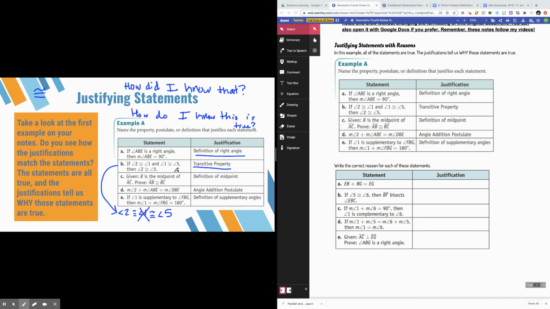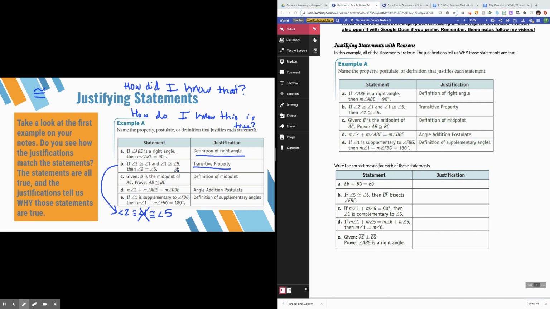Congruence captures everything about that angle, shape, or line segment. When you say equals, that means only one aspect of that shape or angle is the same as that aspect in another shape.